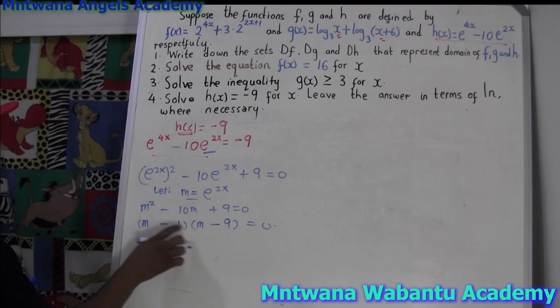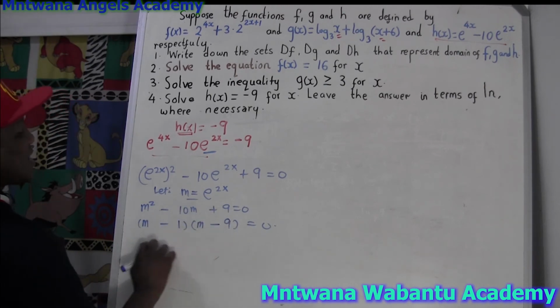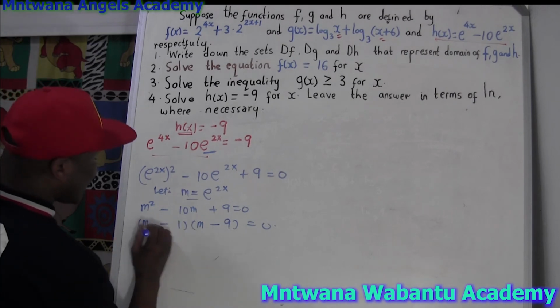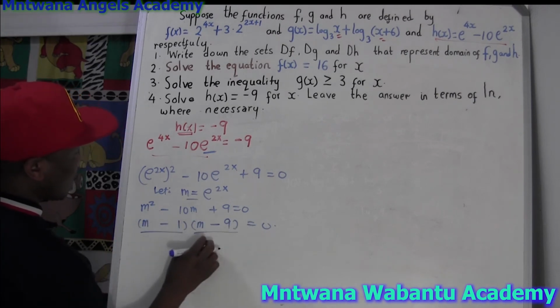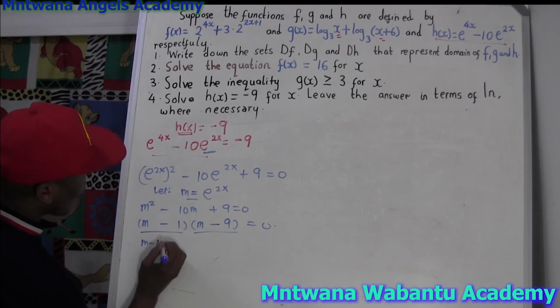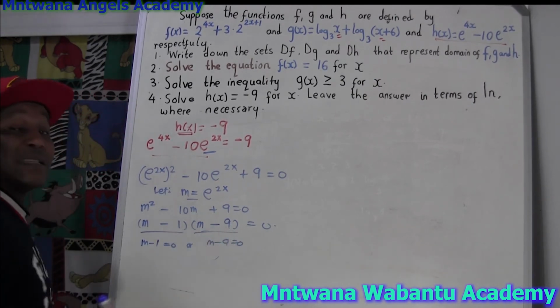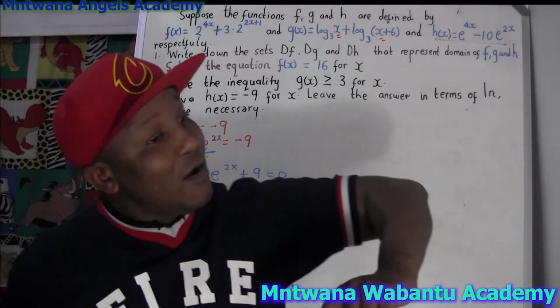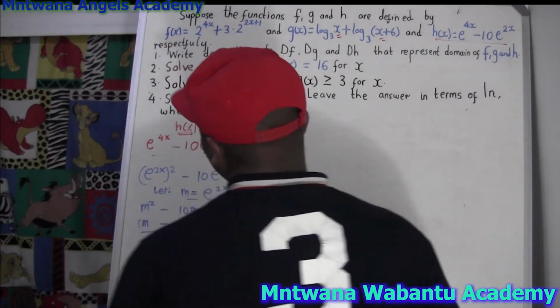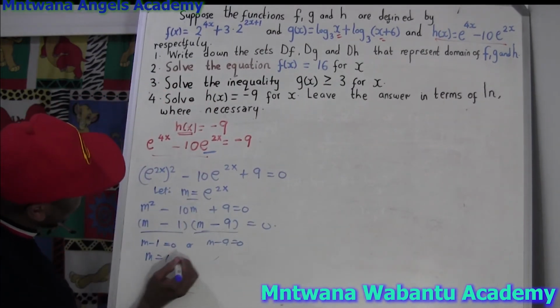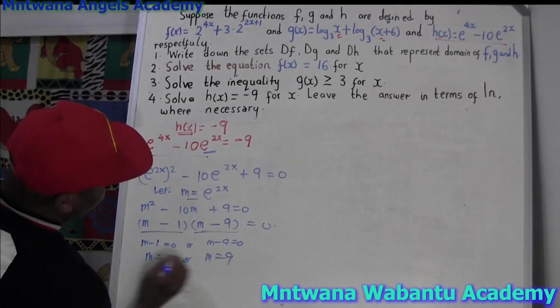So m times m, when you factorize, I believe you know how to factorize. For that case, m minus 1 equals 0, or m minus 9 equals 0. So m equals 1 or m equals 9.